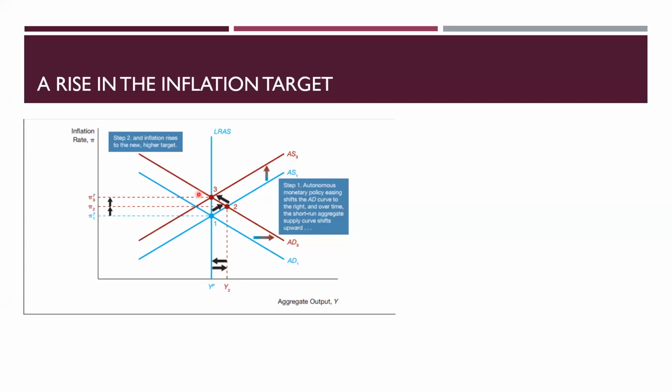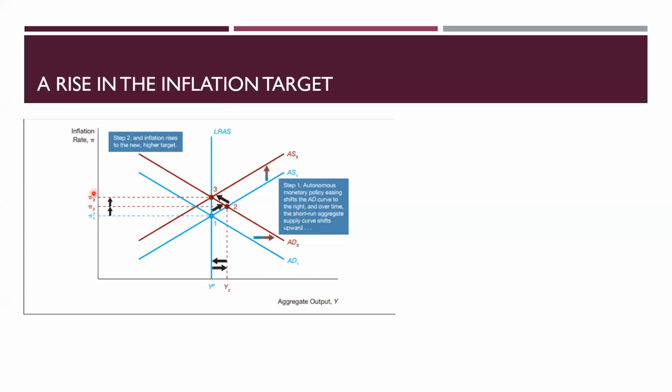So cost of production will start to rise, shifting the aggregate supply curve to aggregate supply 3, restoring the production level, but at a higher inflation target, because the government has decided to implement a higher inflation target compared to the one that we have.